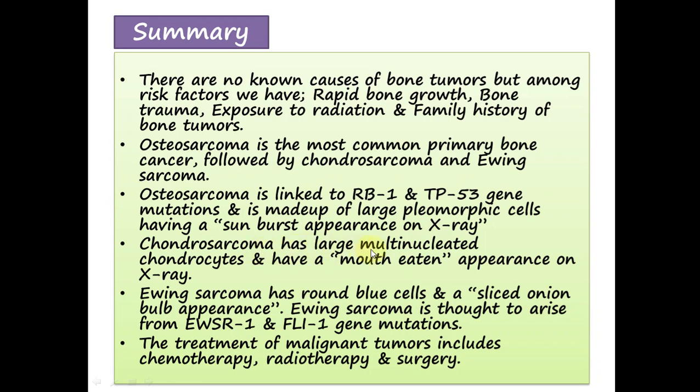The chondrosarcoma has large multinucleated chondrocytes, and radiologically it gives the appearance of a mouth-eaten piece of cloth. Ewing sarcoma arises from the neuroendocrine cells, which are small blue round cells, and its periosteum will give the appearance of a sliced onion bulb.